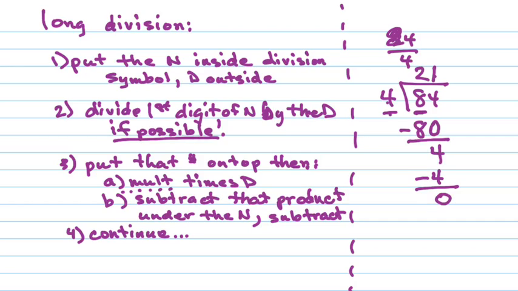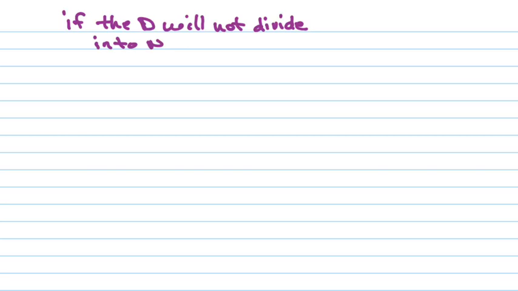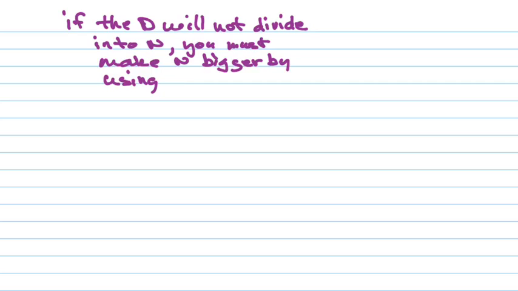Remember that with just numbers, where the number didn't go in, so we had to add the decimals. Okay? So, if the denominator will not divide into the numerator, you must make the numerator bigger by using a decimal.